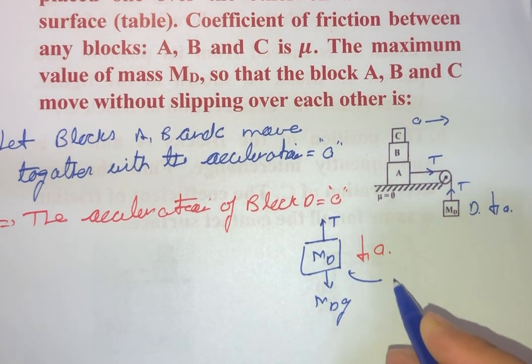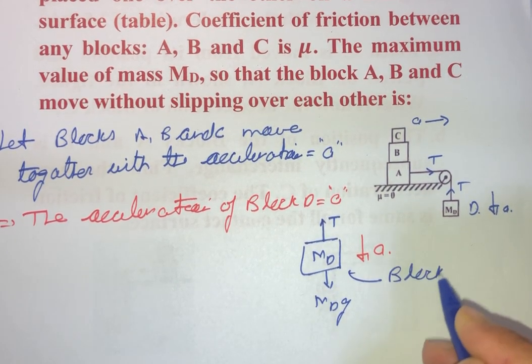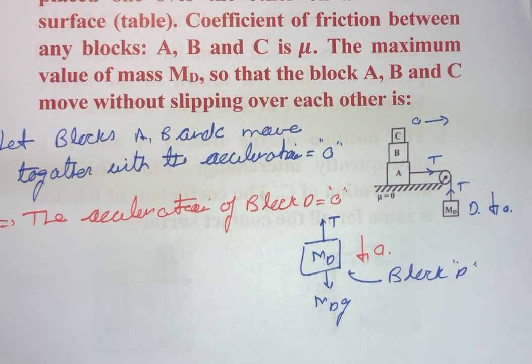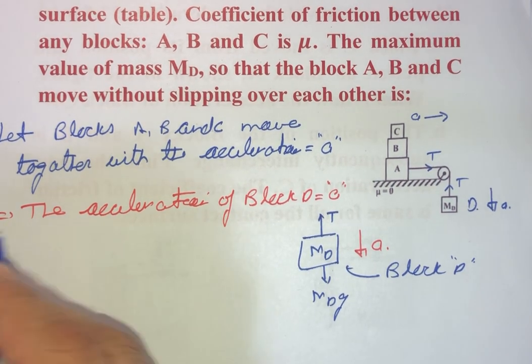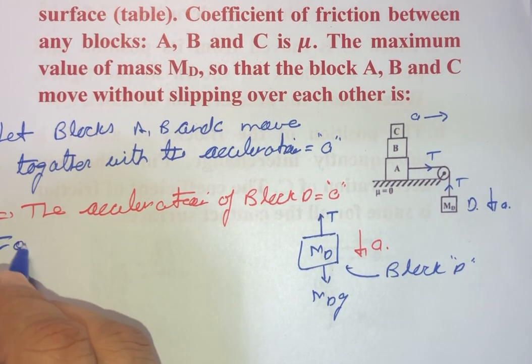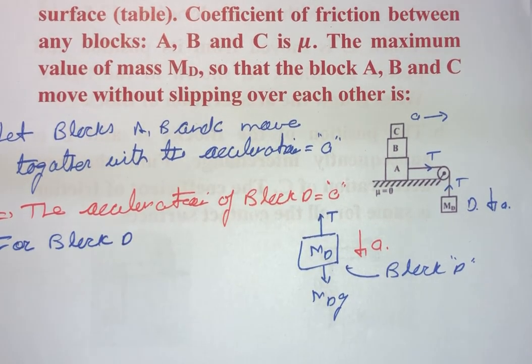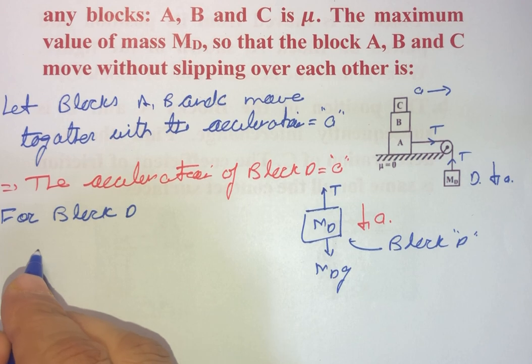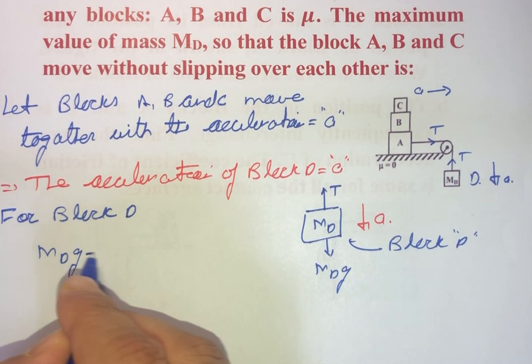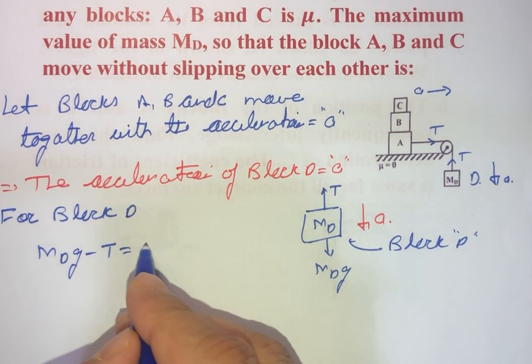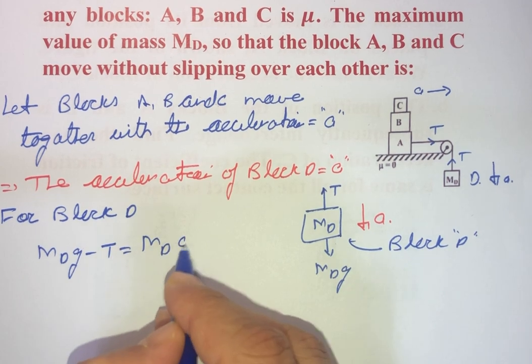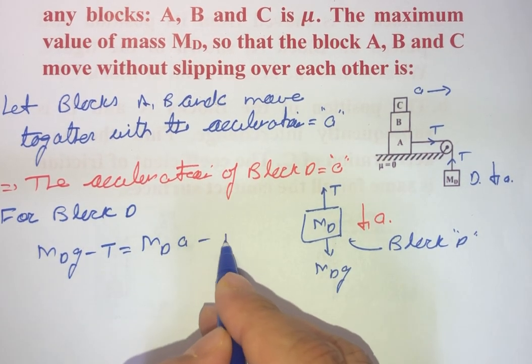So for block D, we can write the equation MDg minus T is equal to MD multiplied by a. Let this be equation number 1.